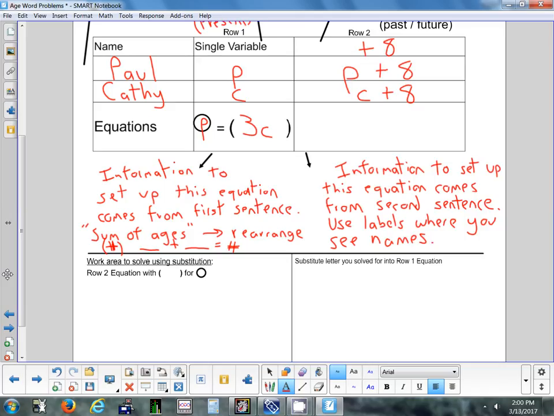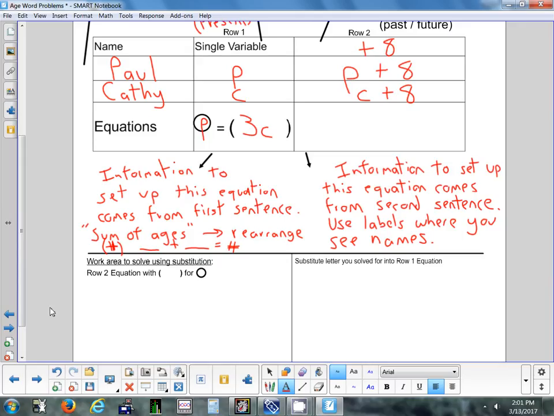Just like I mentioned a couple times, wherever we see Paul or him or he, we're representing him as P plus 8. Wherever I see Kathy or her or she in this problem, I'm going to represent her as C plus 8. Whatever equation you're setting up here, wherever you see the people's names, you want to represent them with this.